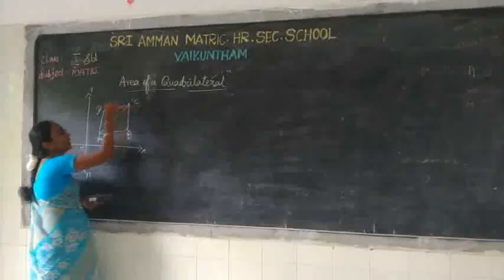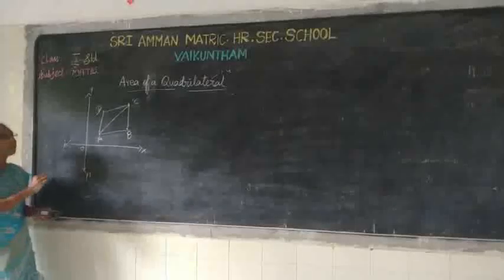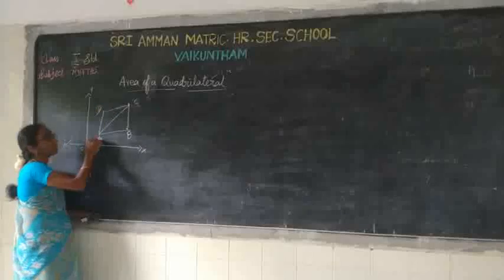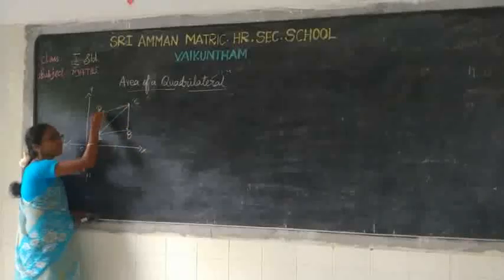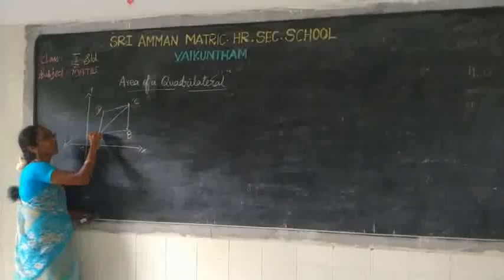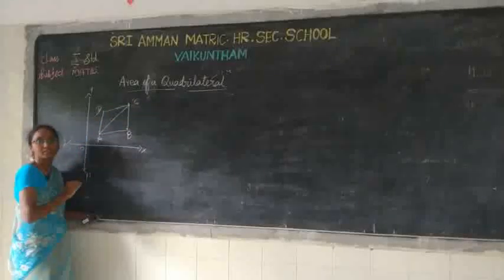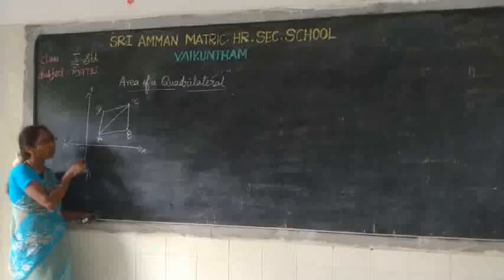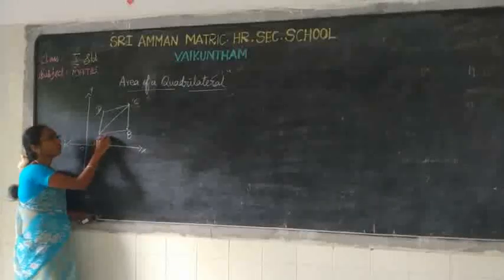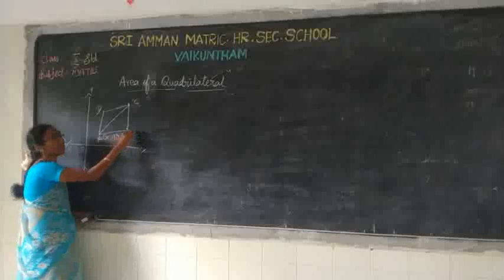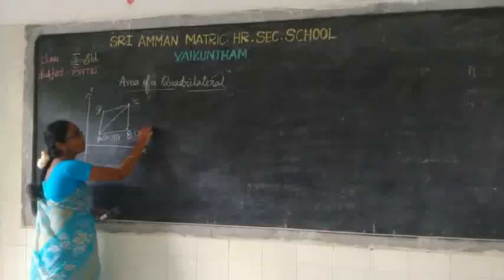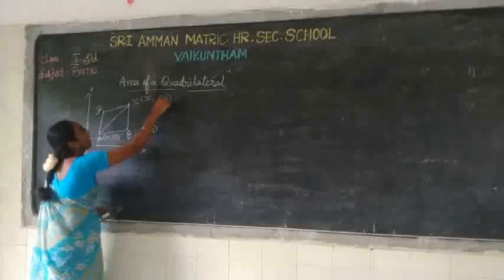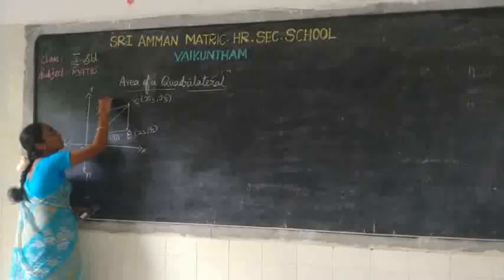AC is the diagonal of this quadrilateral ABCD. Let us consider the coordinates of A as (x1, y1), B as (x2, y2), C as (x3, y3), and D as (x4, y4).